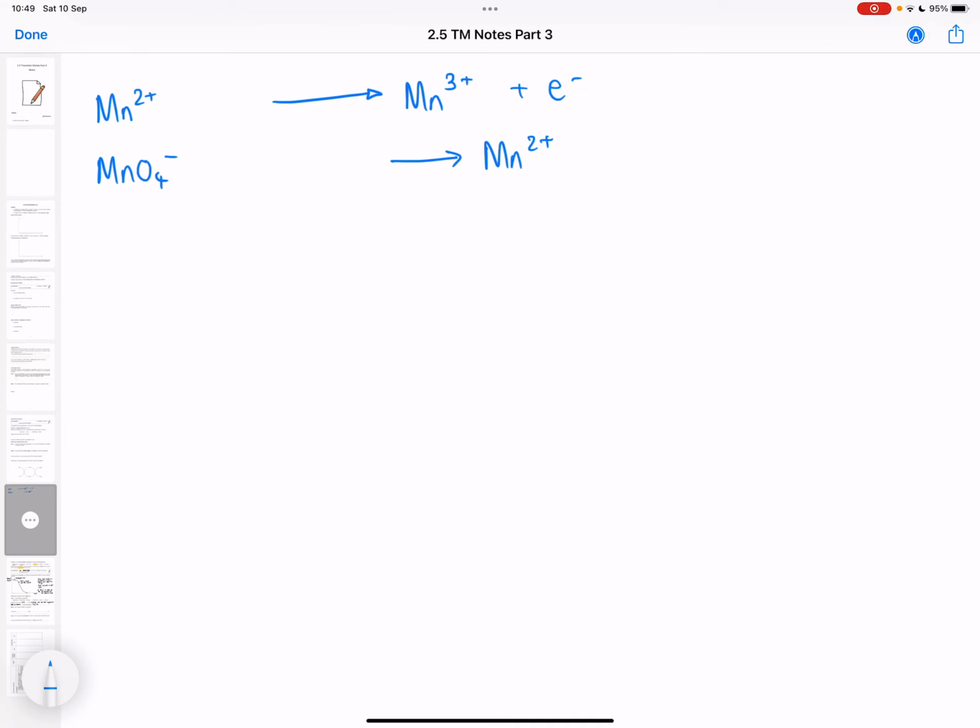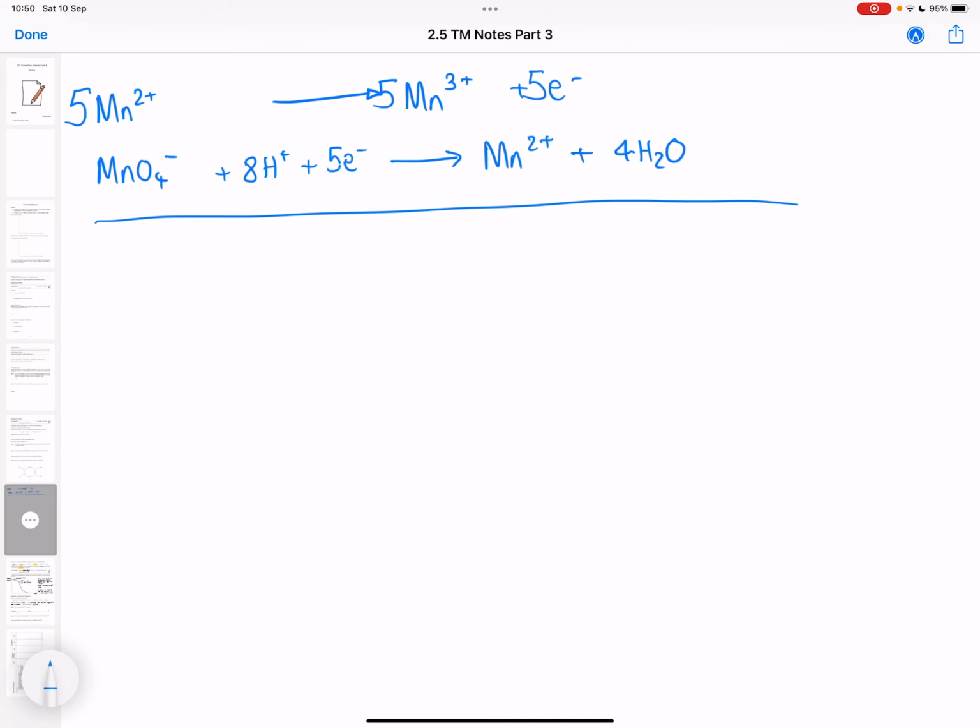We can balance this equation: 1 Mn on each side, add 4 waters to balance the oxygen, add 8 H+ to balance the hydrogen atoms with hydrogen ions, and add 5 electrons to balance the charge. If I wanted to combine these, I would need to multiply the top equation by 5, so that both equations have 5 electrons, and then combine them.